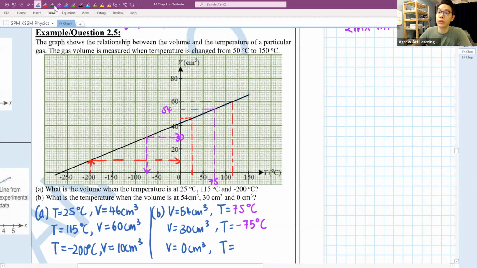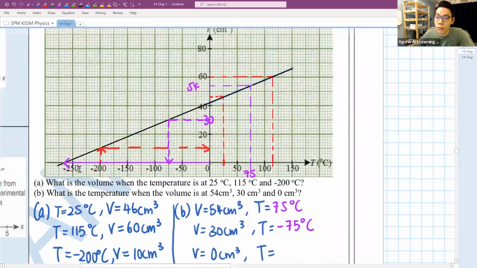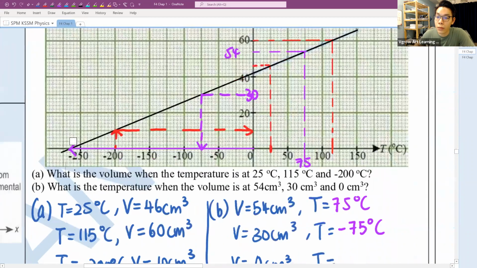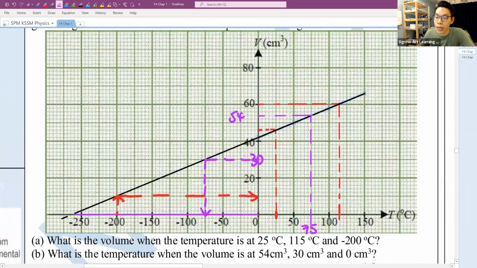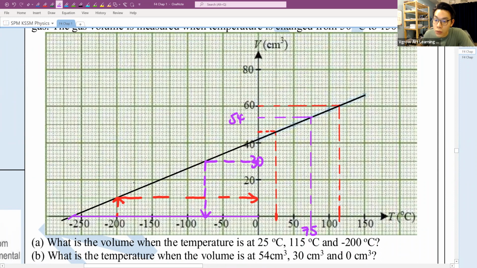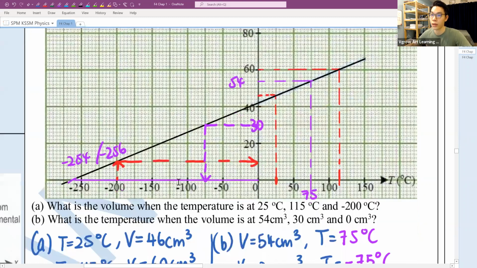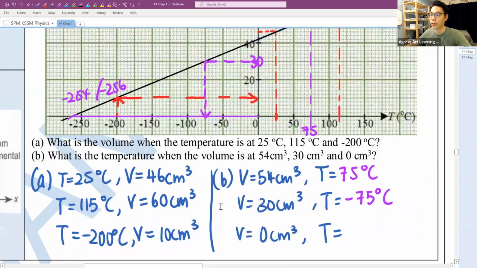When the volume is 0, see lah, you can write negative 25, negative 254, negative 256 also can. Okay, or negative 255 also can.